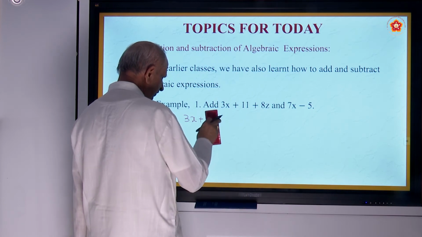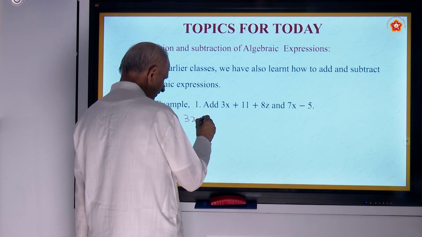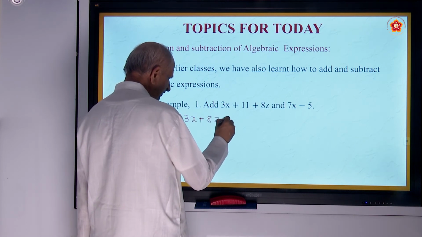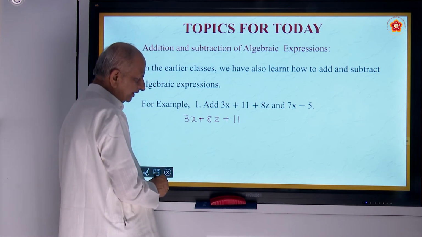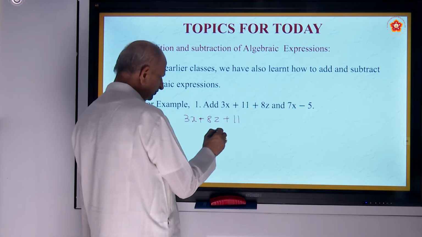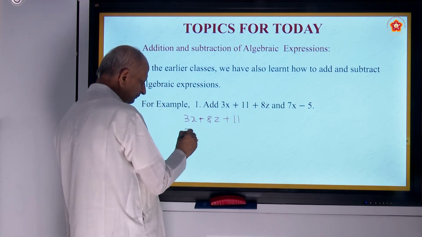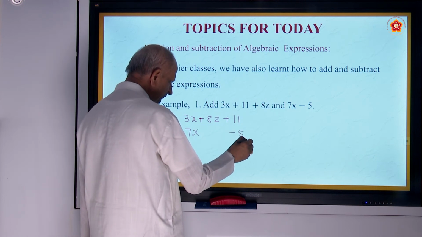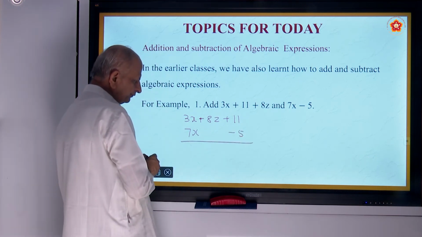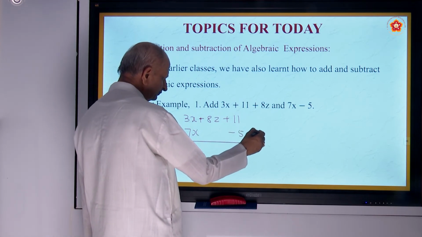So 11 we will put last: 3x plus 8z plus 11. This is a trinomial. Then you have 7x minus 5. All these x should be in one line. 7x and minus 5, and you have to add it.